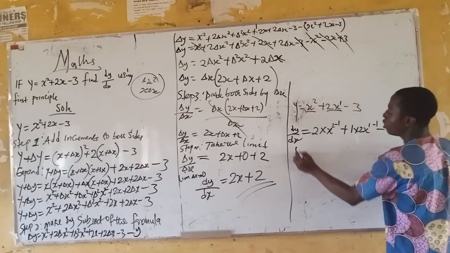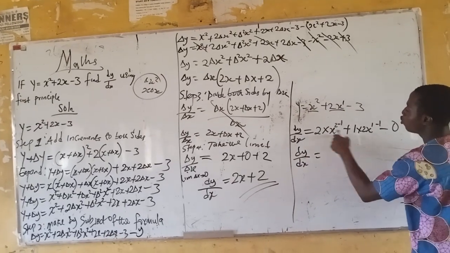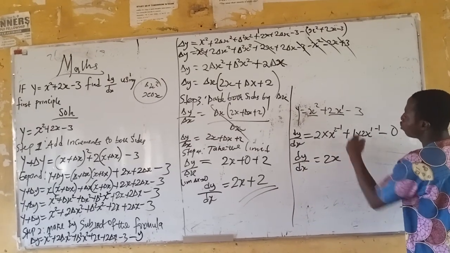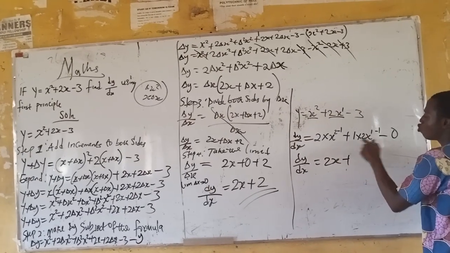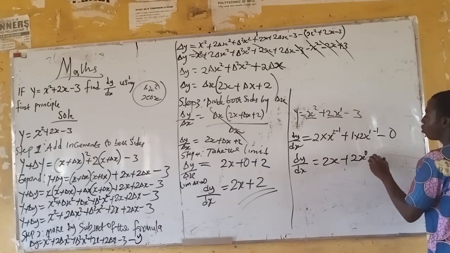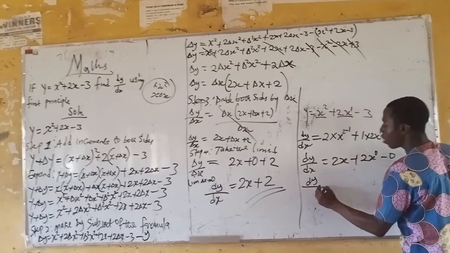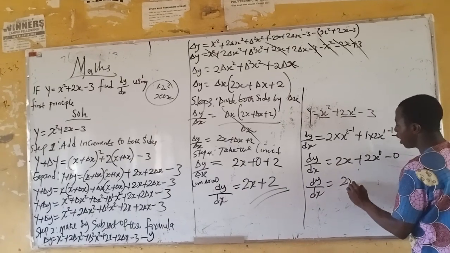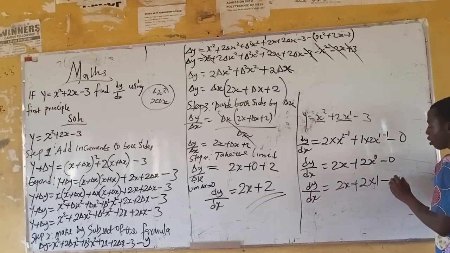Okay, dy over dx is what? 2 times x is 2x. 2 minus 1 is 1, so we don't need to write the x. 1 times 2 is 2. 2x to the power 1 minus 1 is 0, and that is minus 0. So our dy over dx is 2x plus 2 times x raised to the power of 0, which is 1, minus 0.